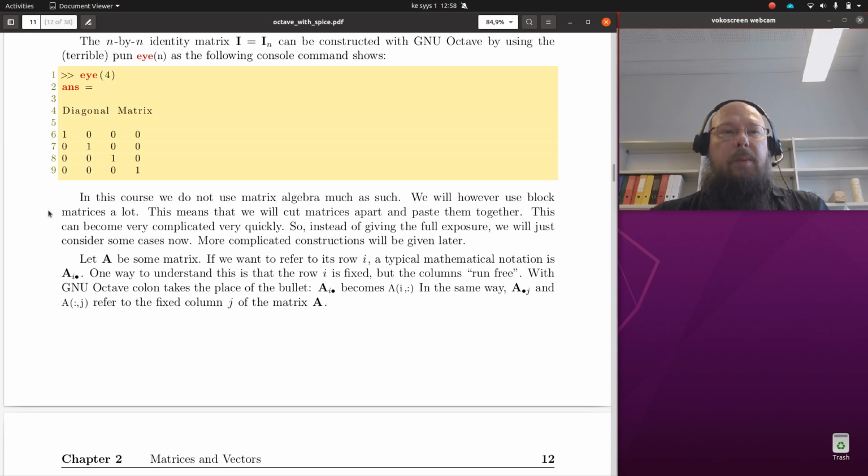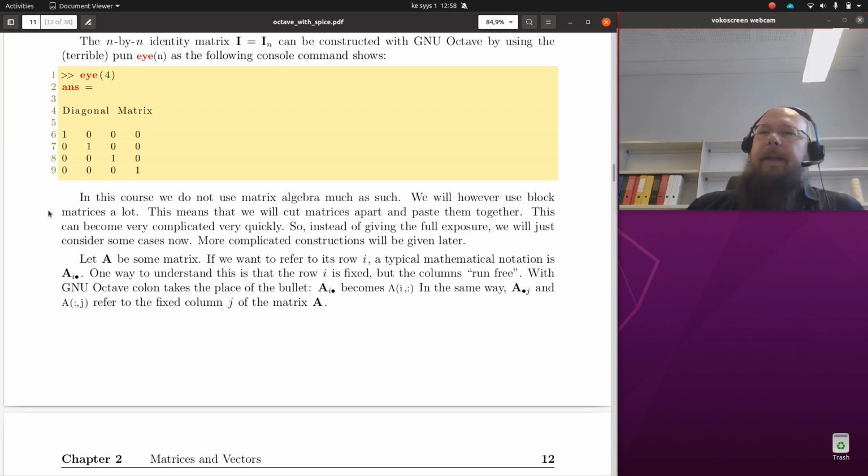So what is a block matrix? It's a matrix that we think of as blocks. So some columns and some rows form a block and so on. We will cut matrices into blocks, and we will paste many blocks together into a new matrix. This is a rather typical thing that we do here, and this can become very complicated very quickly.